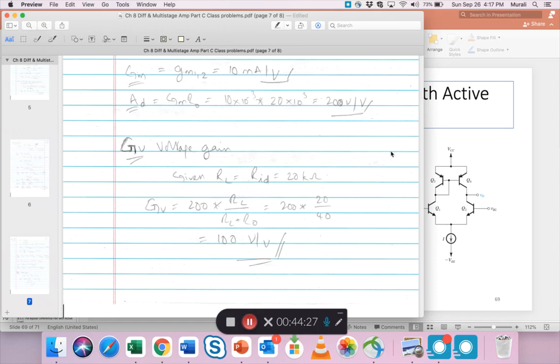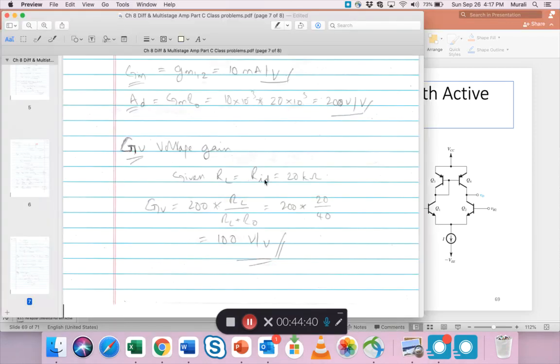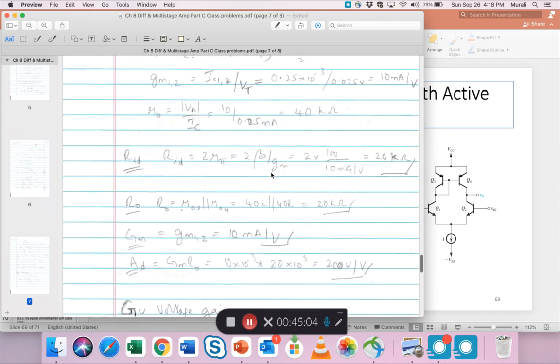The overall gain, and what does he call it? What will be the voltage gain if the input resistance of the subsequent stage is equal to RID of this stage, right? So that RL equals RID. So your overall voltage gain is modified in this way, 20 by 20 plus 20, so it is 100. So the gain fell by a factor of 2, which is, I think, similar to what we did.